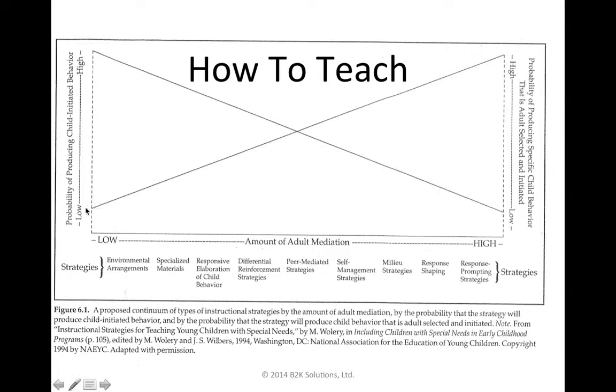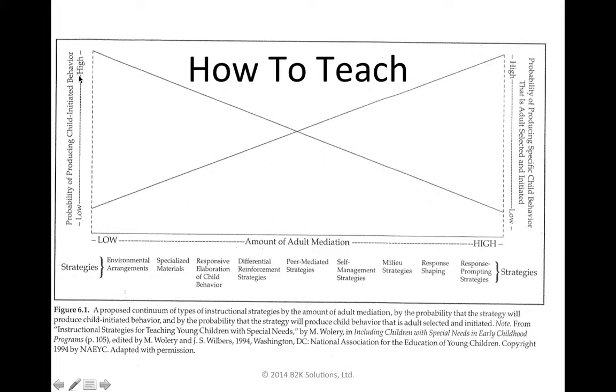So when you want something that is a low probability of child-initiated, but yet a high probability of the child producing a specific behavior, that helps you know where on the continuum. So in that instance, if you want low child initiated and high child producing of the adult selected and initiated skill, you're going to have to pick strategies that require a higher degree of adult mediation.